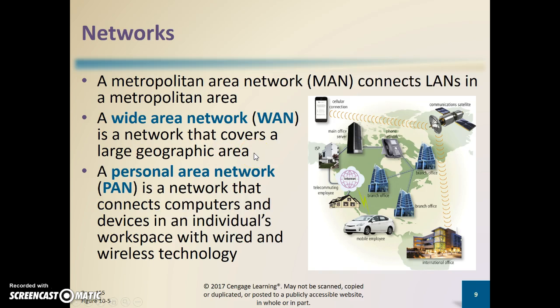It could cover many buildings and many homes. Then you have a personal area network. It's called PAN, and that connects computers and devices in an individual's workspace with wired or wireless technology.